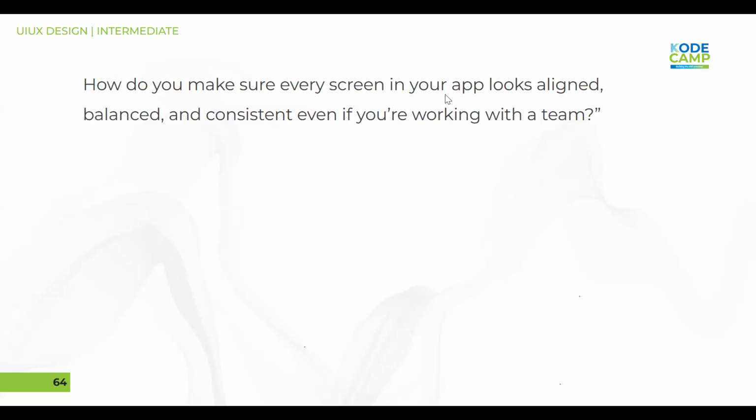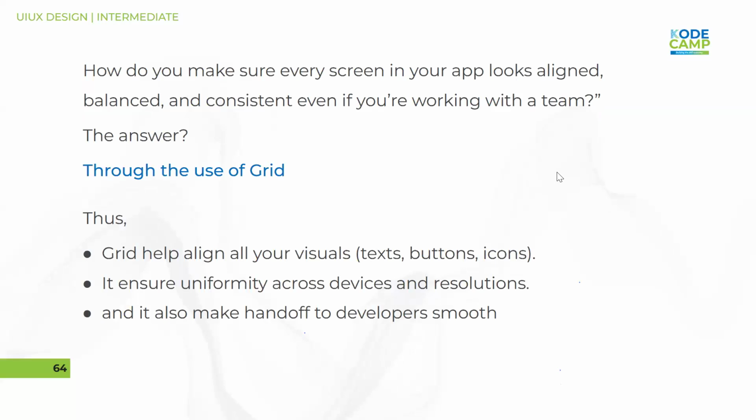Well, these are all ways we can make sure our application looks aligned, balanced, and consistent. So the answer is through the use of grids. Mostly it is grid, and it is very easy using grid. Grid helps us align our visuals, text, buttons, and icons.